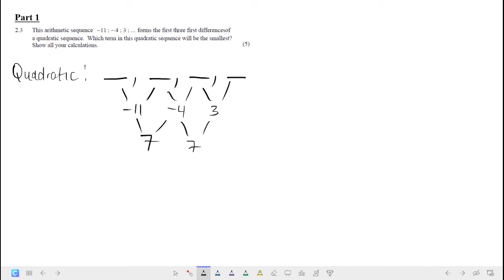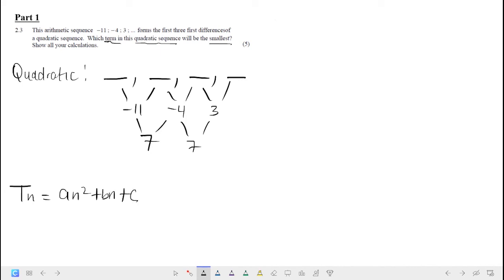So now we already know that the second difference here is 7. The question is, which term in this quadratic sequence will be the smallest? Here we're talking about the quadratic pattern, and in general its Tn is equal to an squared plus bn plus c.